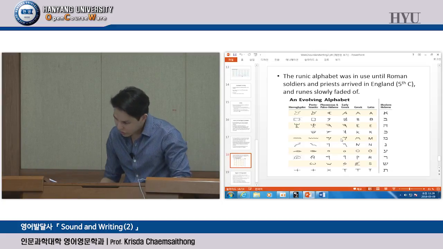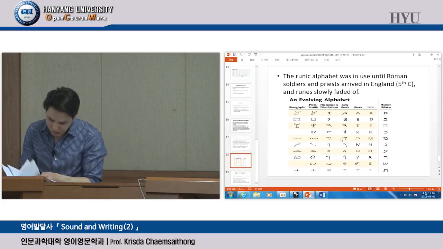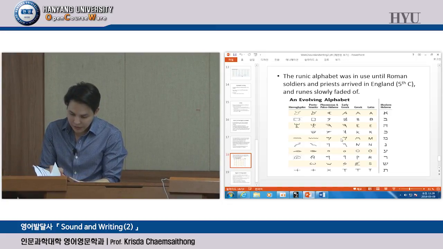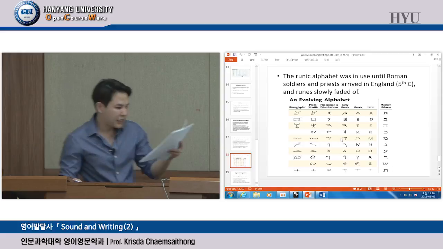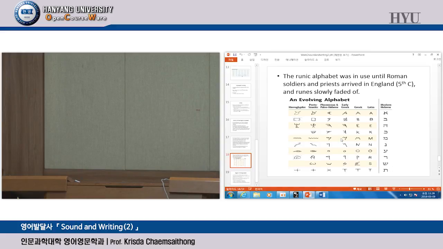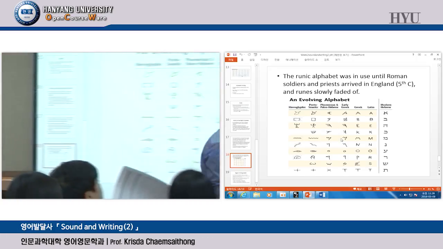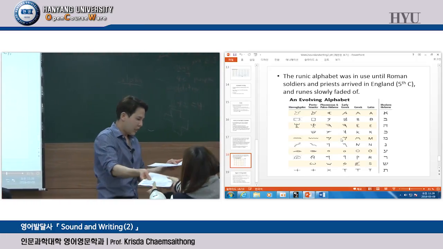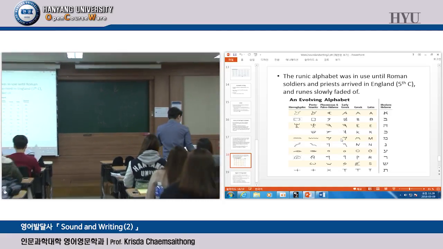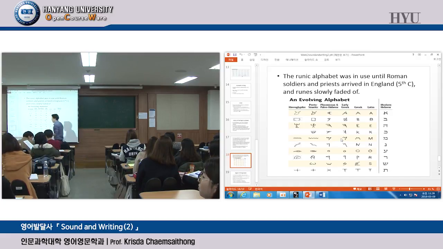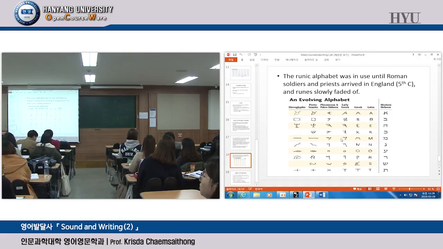What I want to show you actually is this one. So we pass this out. It's the whole set of alphabet here, the development of the English alphabet. You can see it in graphic forms.